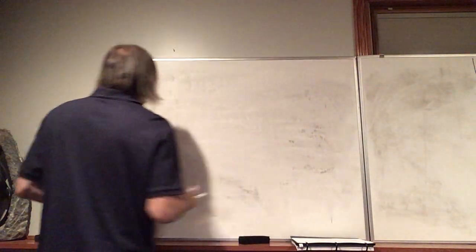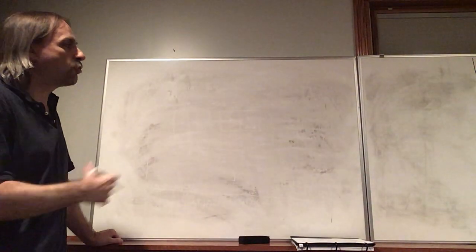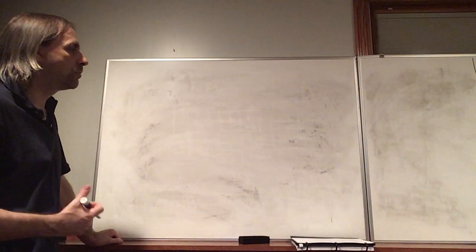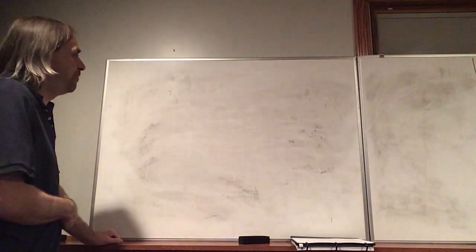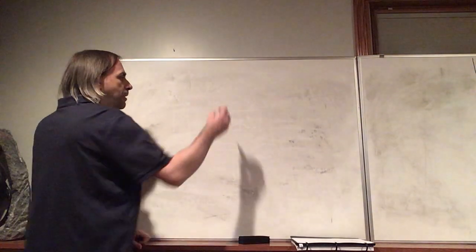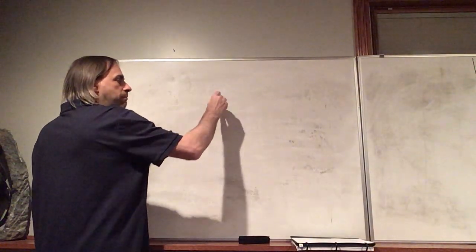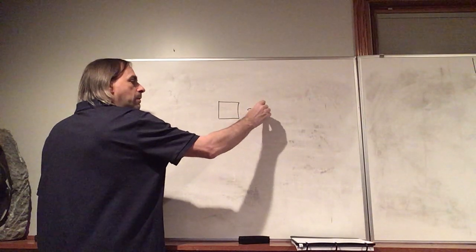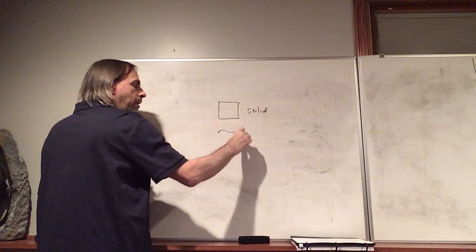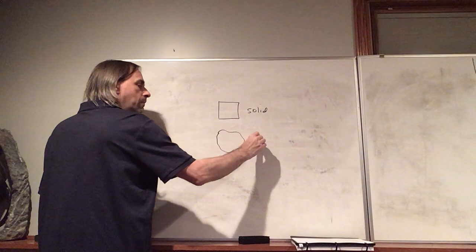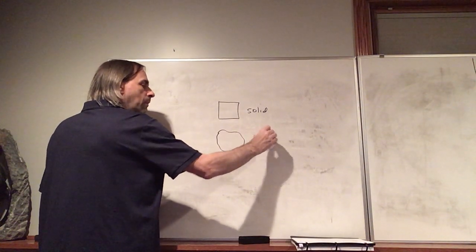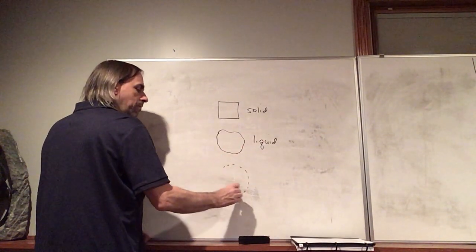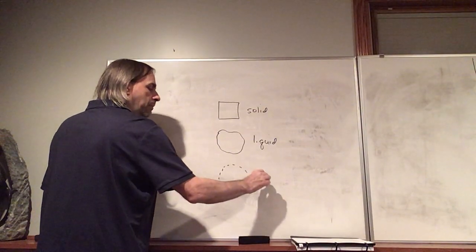Now, I like to draw things in different ways depending on the state of matter. So the way I do it, this would be a solid. Now I draw a liquid like this, and a gas like this with dash lines.